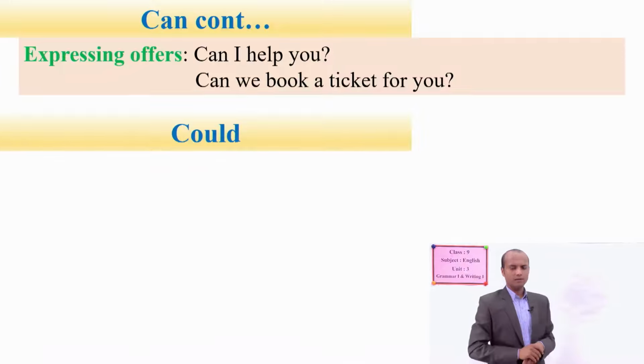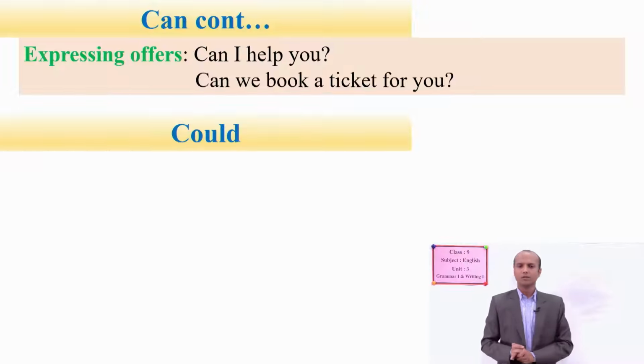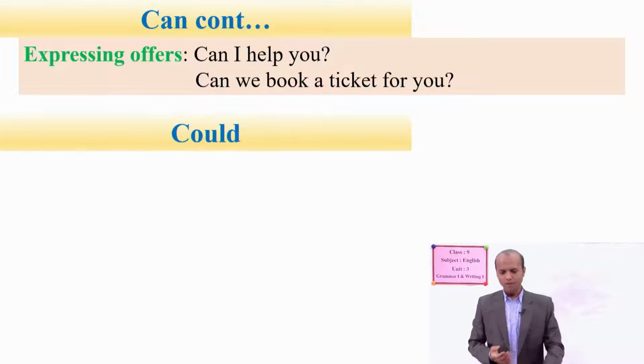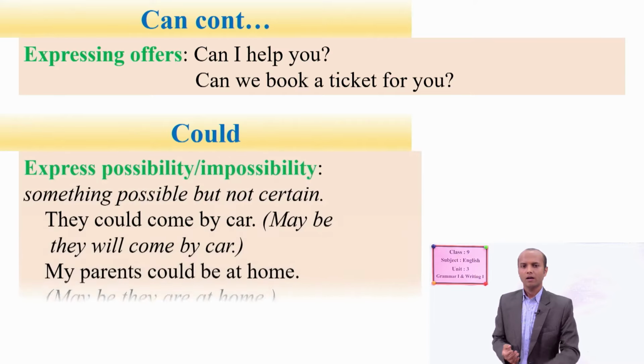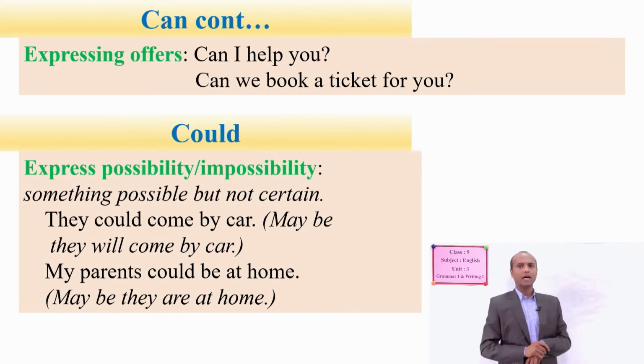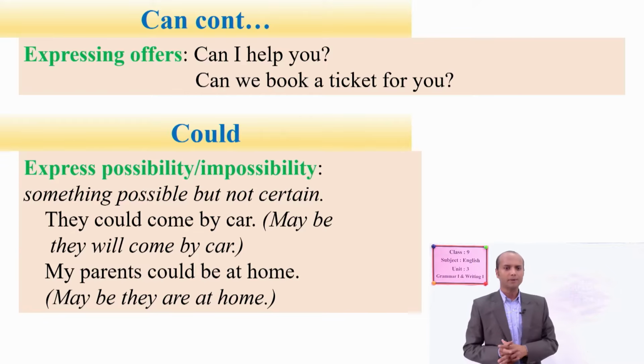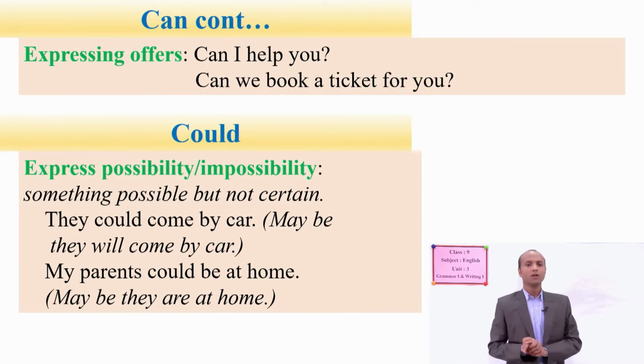Let's move on to another modal auxiliary, that is could. So could, as you saw in the example sentences before, is used to express possibility or impossibility. For example, they could come by car.